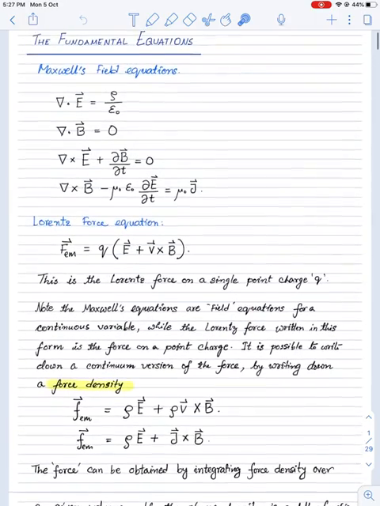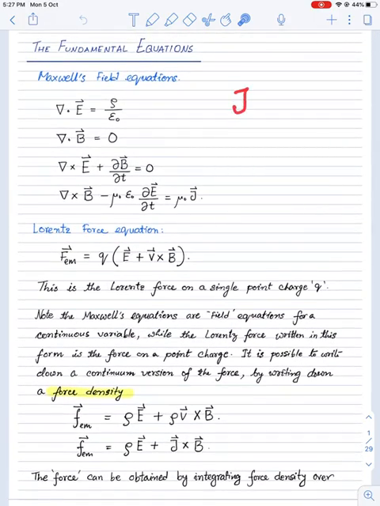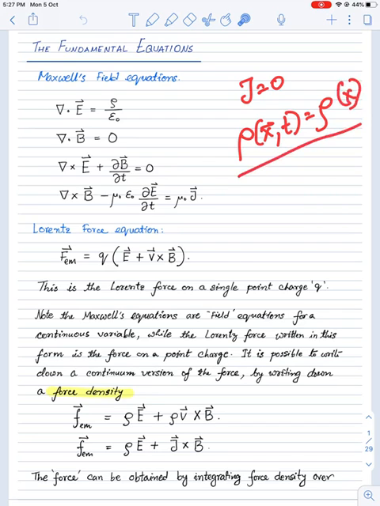In the electrostatic case, this equation is trivially satisfied, because in electrostatics J equals 0 and rho of x and t is equal to rho of x.